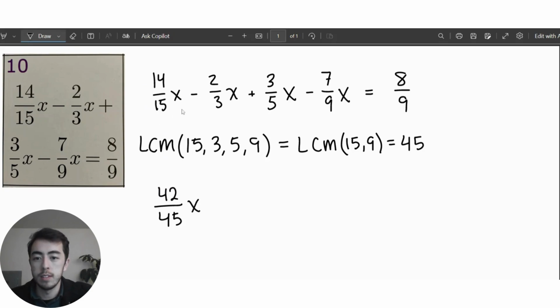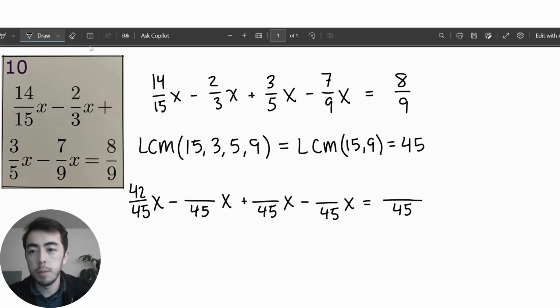So here's that x still from the problem, and I'll keep going. I still want that common denominator of 45, and so just so I don't forget, I'm going to write that down first for all of them. So I'll keep converting the fractions. 3 times 15 gets me to 45, so I know that I need to do 2 times the same 15, so a 30. 5 times 9 gets me to this 45, so I need to do a times 9 here, 27. 9 times 5 gets me here, so I need another times 5.